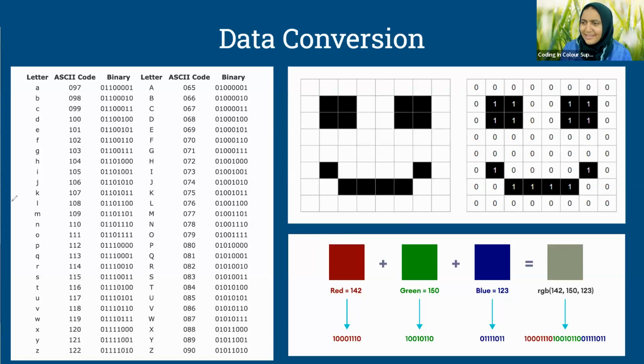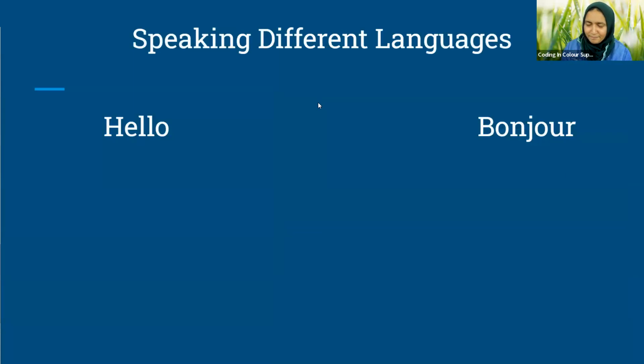Okay. So the question that was asked earlier about how the process of data conversion differs between different programming languages is similar to what happens when people speak different languages, human languages, right?